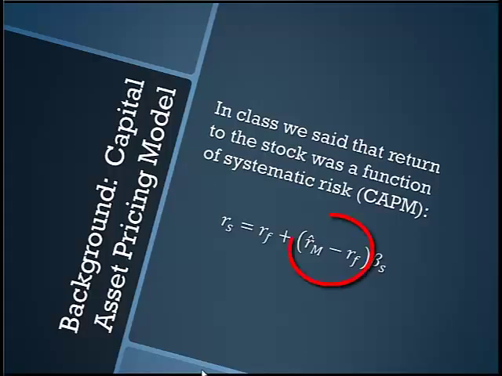The risk premium that we're talking about is the market risk premium. It's the expected return to the market minus the risk-free rate, which makes some sense if you think of how much more above a risk-free rate you would have to pay just to get the market return. That's sort of the baseline.